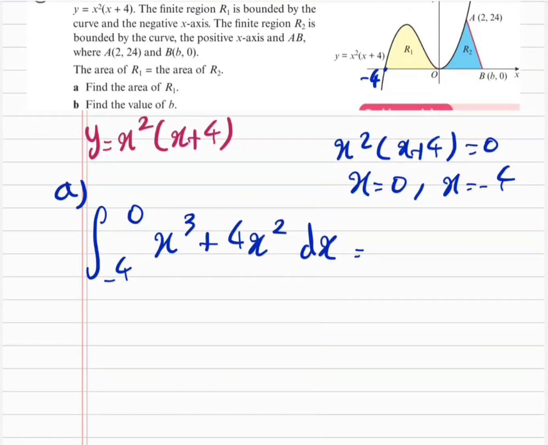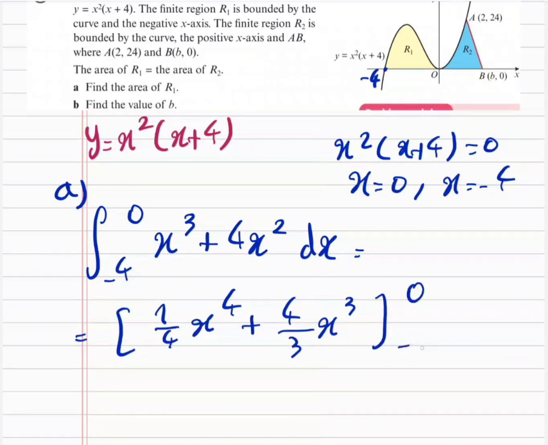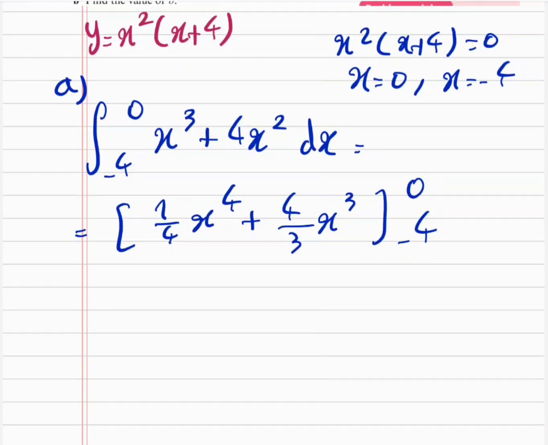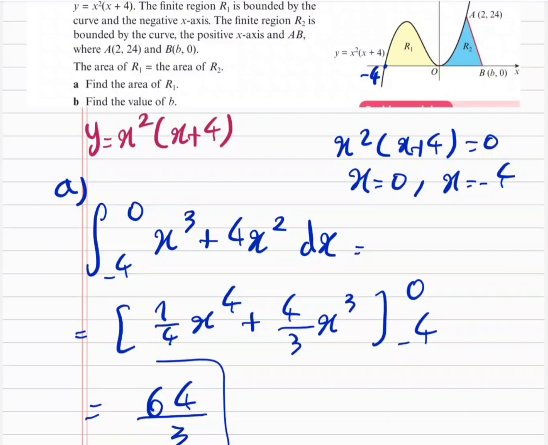Now we integrate: x cubed integrates to 1 over 4 x to the power of 4, plus 4 over 3 x cubed, with limits 0 and minus 4. At this point, we substitute 0 and then minus 4, and that gives us the value 64 over 3. So this is the area of region R1.